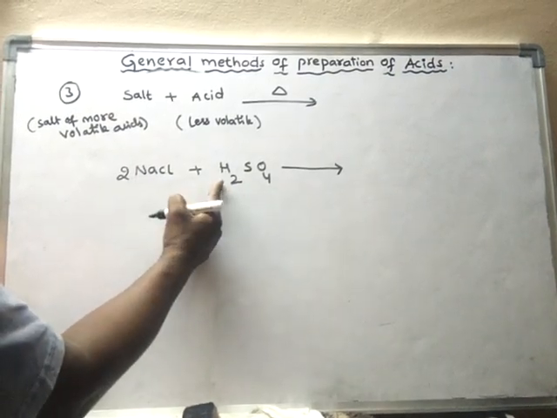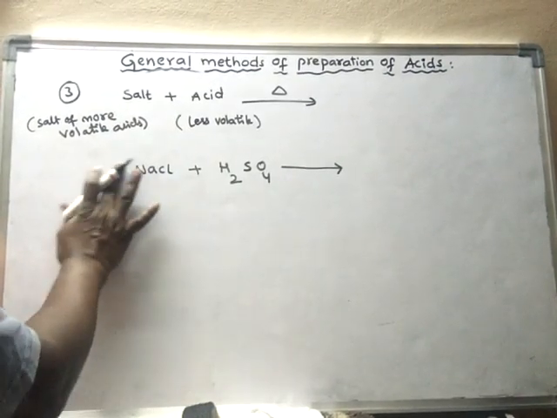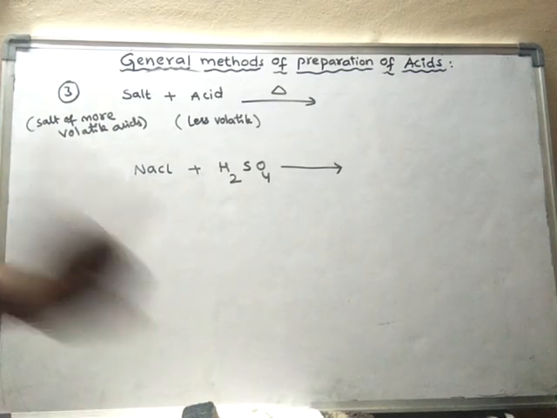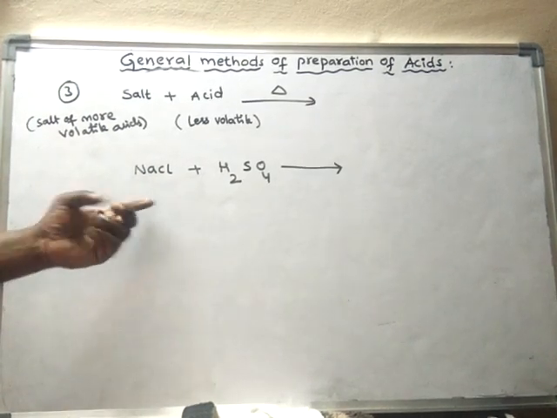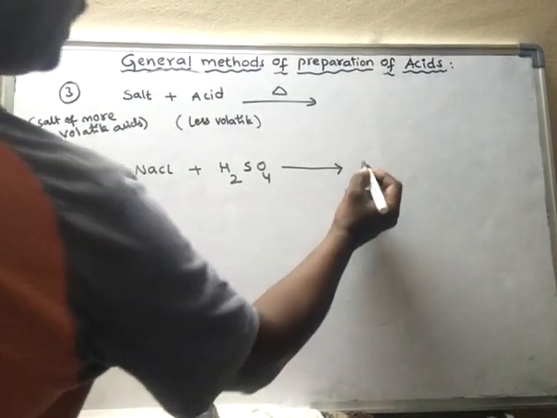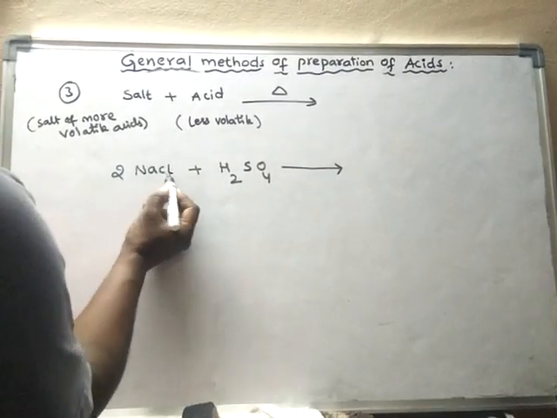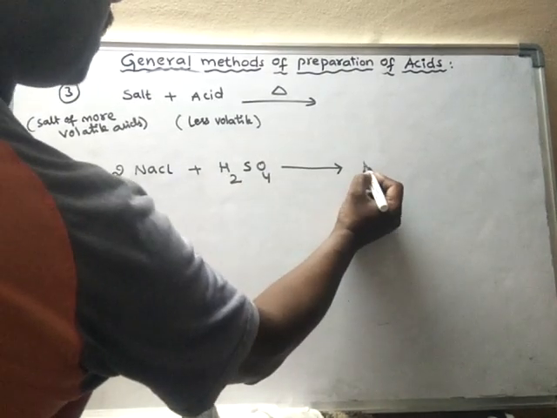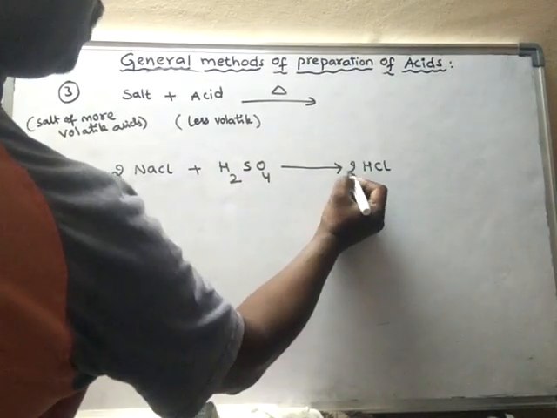Every one hydrogen requires only one chlorine, and every sodium chloride contains only one chlorine. So as there are two hydrogens, we have to take two NaCl. These two chlorines will combine with the two hydrogens and form two HCl.